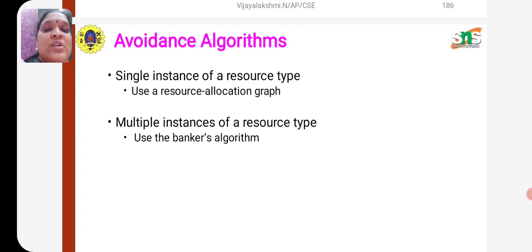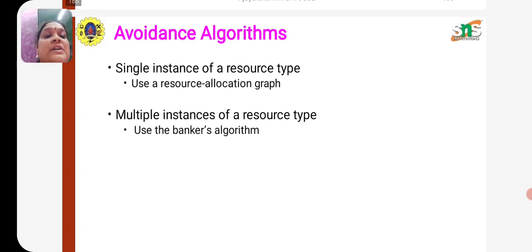This avoidance algorithm can happen in two ways: one is for a single instance of a resource type, and the second is for multiple instances of a resource type. Use a resource allocation graph if it is a single instance of a resource type, and if it is multiple instances of a resource type, we are going to use the Banker's algorithm here.